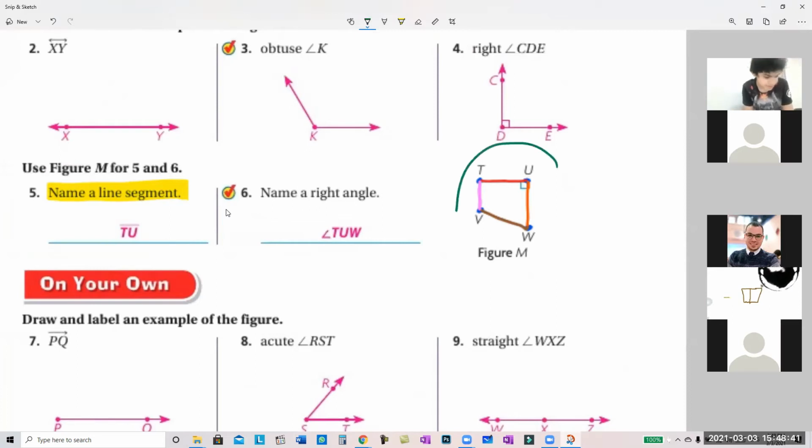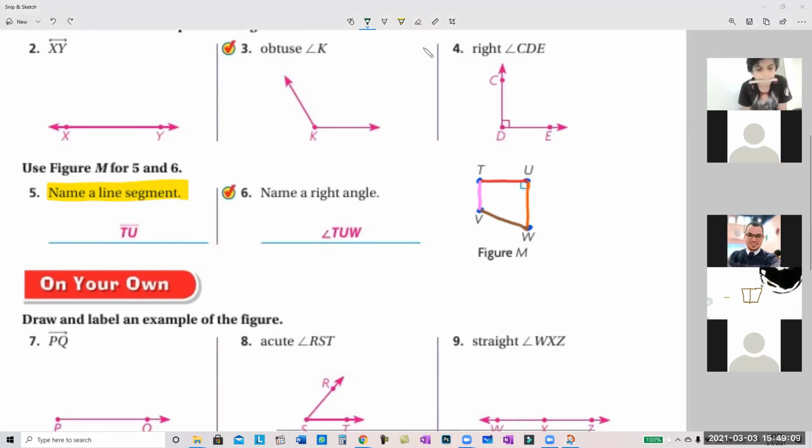So you want to get one line segment here? Right angle. No, I'm asking about line segment. Give me the name of one line segment from this figure. Okay, thank you, Idris. What about Asir Shadi?